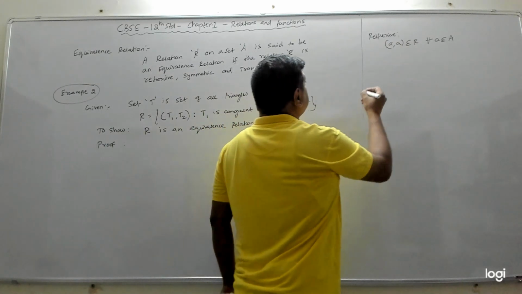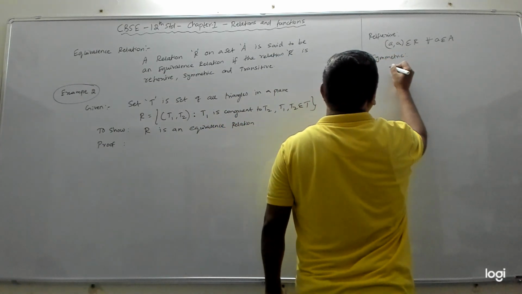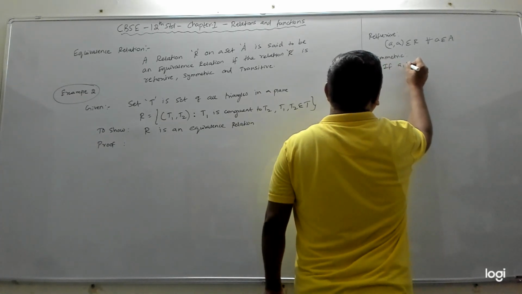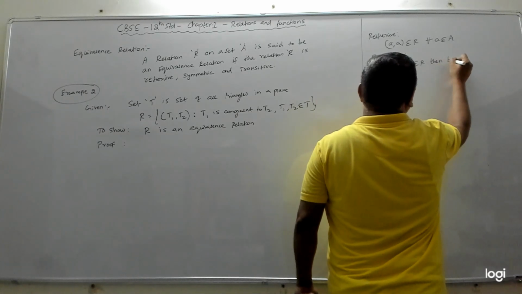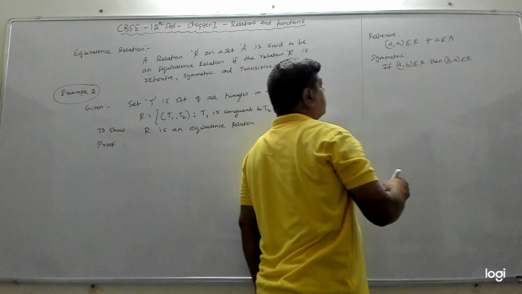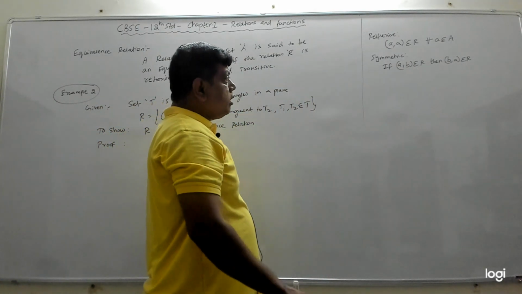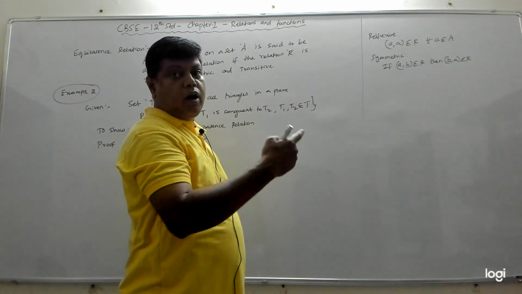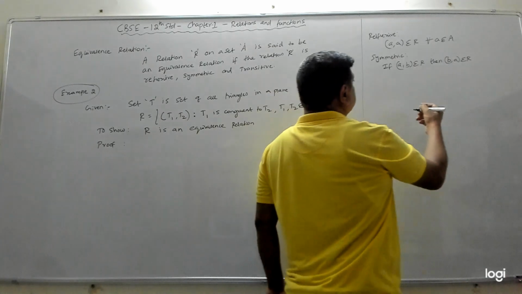For symmetric, the definition is: a relation is symmetric if (a, b) belongs to R, then the reverse, (b, a), should also belong to R. It should be true for every (a, b) in R: if there is an element (a, b) in R, then its reverse should also be in R, for all (a, b).